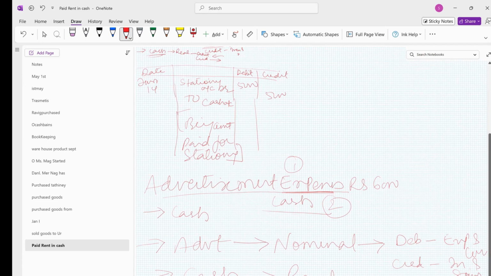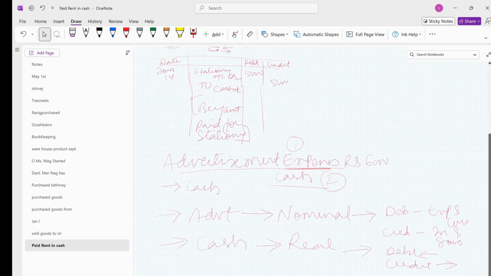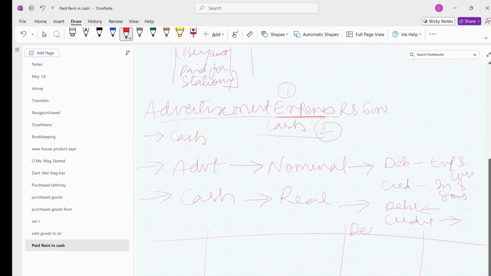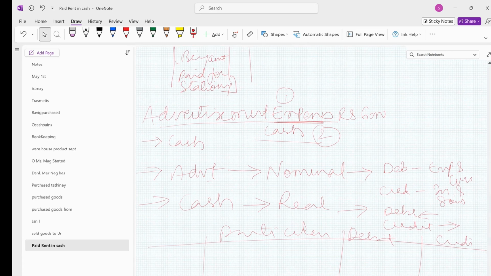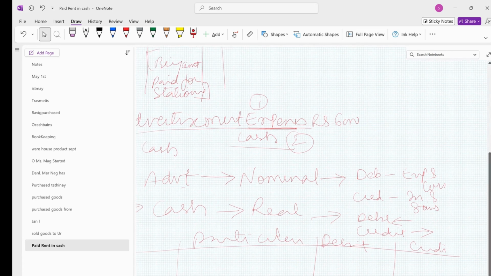Now we'll write the journal entry for this. So first one is advertisement. Advertisement belongs to nominal account. Nominal account rule is debit all expenses and losses.